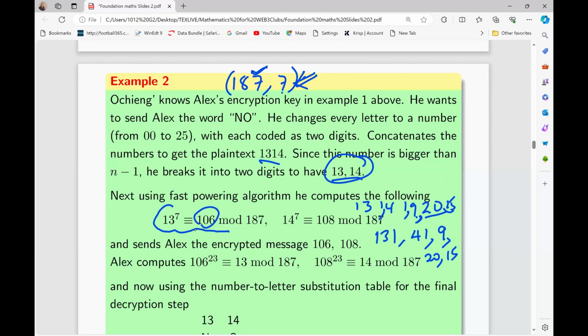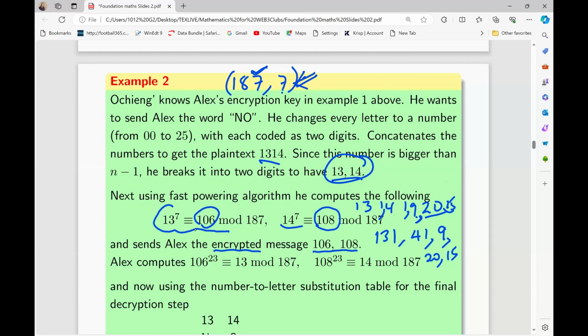You get 106 when you use the fast powering algorithm. Then the second one, you get 108. You have these 2 messages, which are the encrypted messages. Send them this way. You don't join them. Just send them separately the way they are.